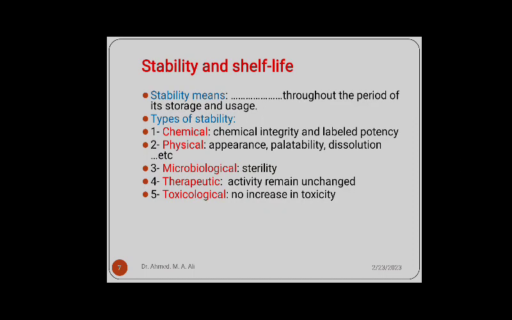Stability and shelf life. Stability, we said its definition before. Types of stability may be chemical, when we talk about chemical integrity and labeled potency, or physical, like appearance, palatability, dissolution, or microbiological, like sterility, or therapeutic, when we talk about activity remaining unchanged, or toxicological, no increase in toxicity.